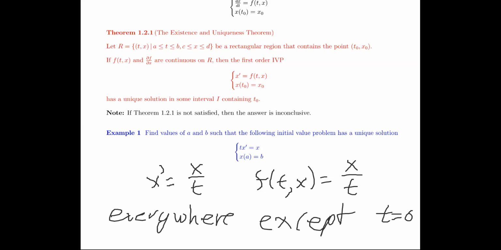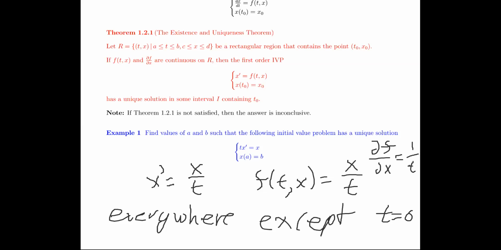Write that down. Partial derivative of f with respect to x is 1 over t. So this is also continuous everywhere except for t equal to 0. So then the question is, all right, so when will we have a unique solution?